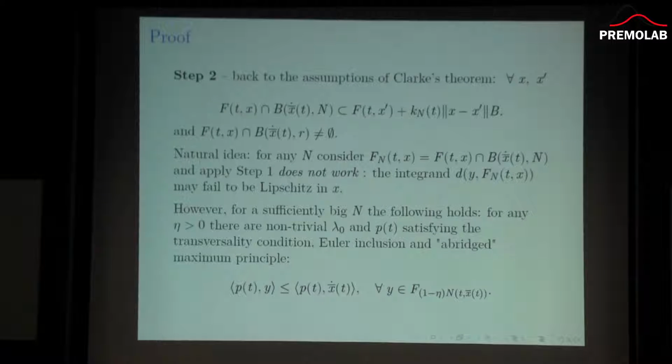And it turns out that we have nonetheless a very nice way out of this difficulty. It is possible to prove not the real maximum principle, but a certain abridged maximum principle, which we state for y belonging only to that kind of sets, which in principle gives us everything eventually.